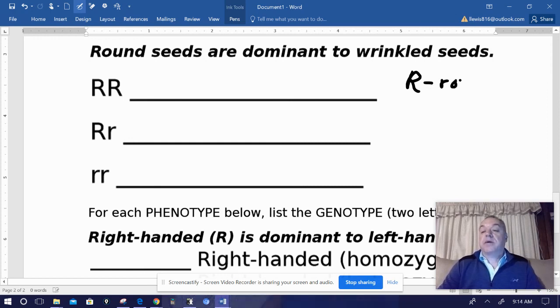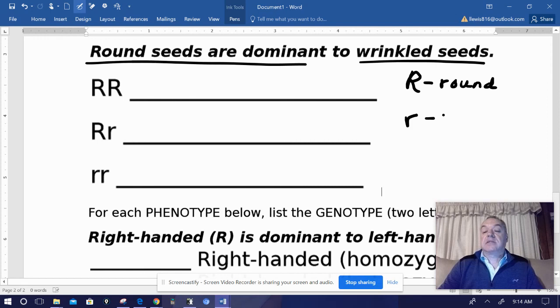That's right, it's round. Lowercase r. Which recessive trait is that? We're told up here, round seeds are dominant to wrinkled seeds. So the wrinkled seeds will be recessive.